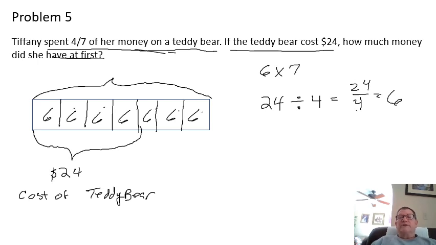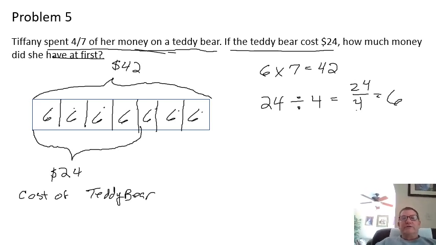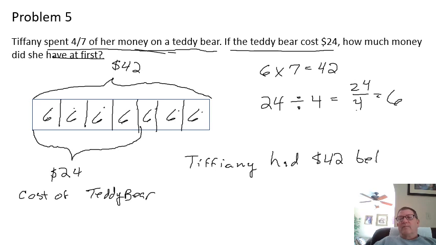So 6 times 7, and we know that equals 42. So going back to the question, it says, how much money did she have at first? Tiffany had $42 before she bought the teddy bear.